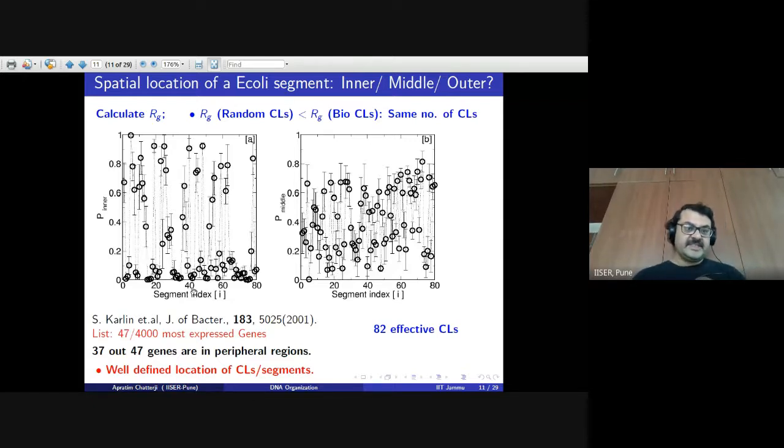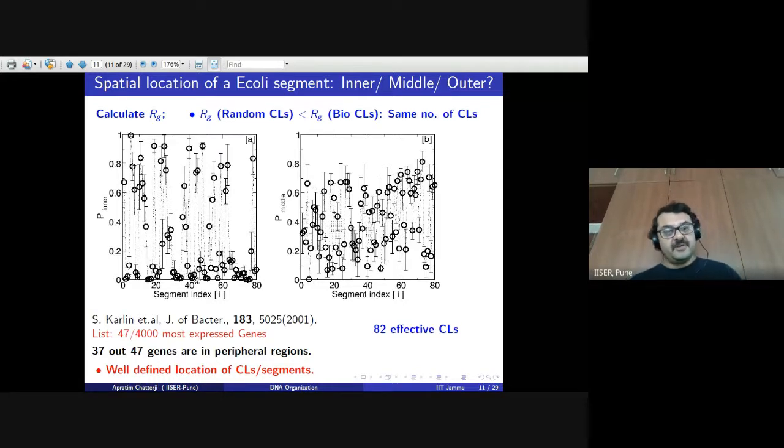So here we see that certain segments, say around 40, there is no probability of finding them in the inner region. Some other segments, say 10, are preferentially found in the inner region. There's a very high probability of finding them in the inner region. These error bars come from 9 independent runs. So basically in all the 9 independent runs, segment numbers say 10 and certain other segments are always found in the inner region.